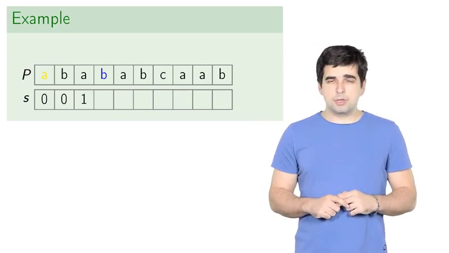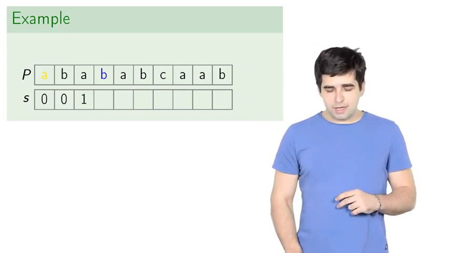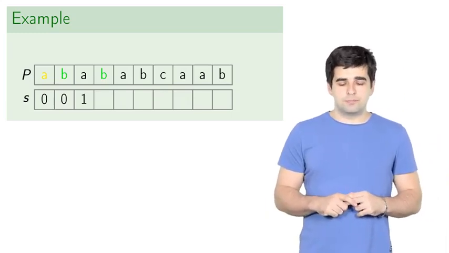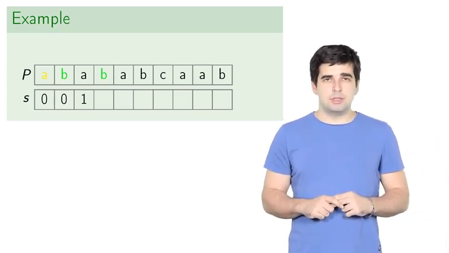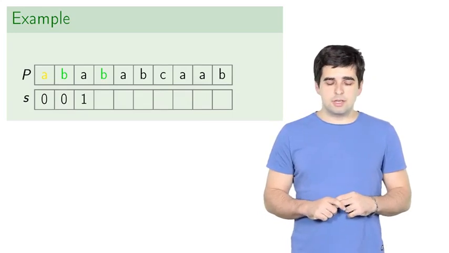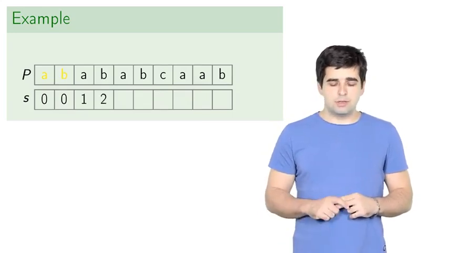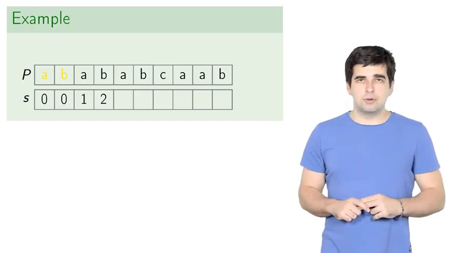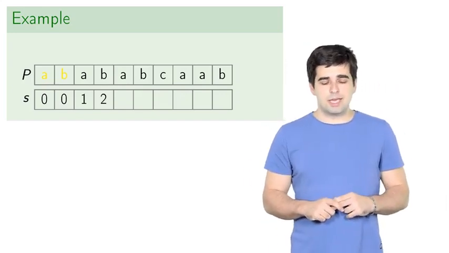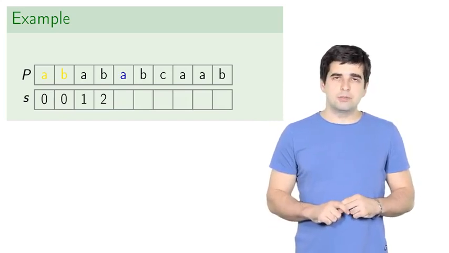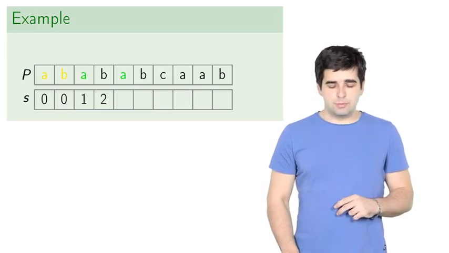And the useful corollary from that is that all the borders of any prefix of the pattern can be enumerated in the following simple way. First, we take the longest of the borders. Then we find the longest border of that string, and then the longest border of that string, and so on until we get an empty string as a border. By the end, we have gone through all the borders of the initial prefix of the pattern.